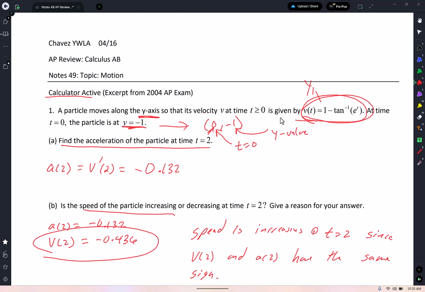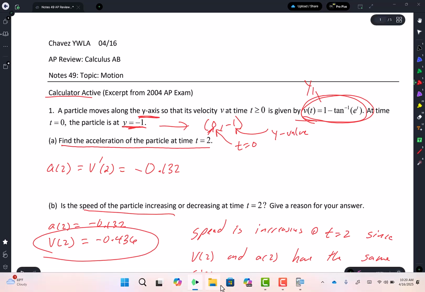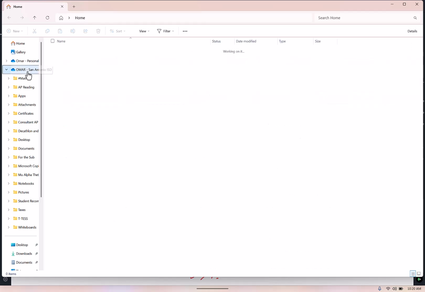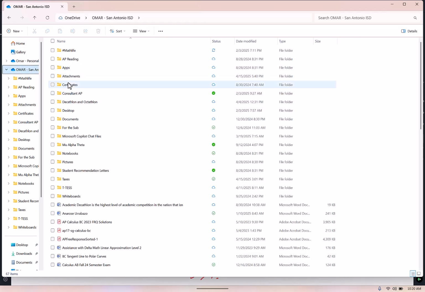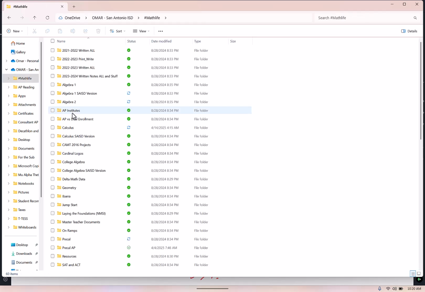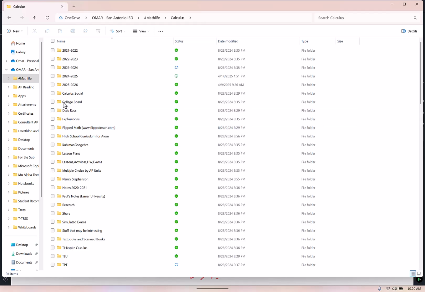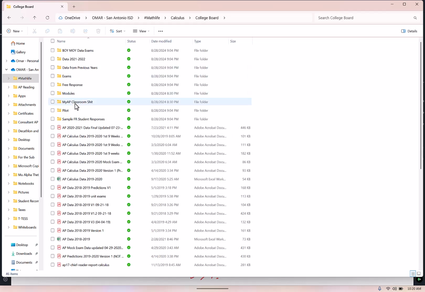Let me look at the rubric for this. I have not looked at this rubric, so let's see how we did. 2004 AB calculus, College Board.